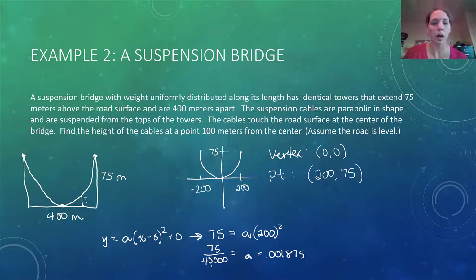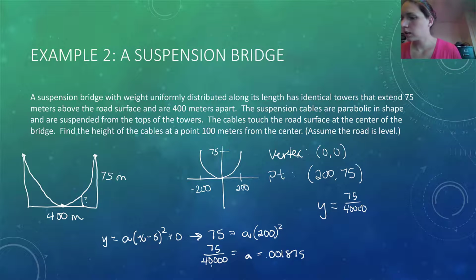Okay, so now we want to know at a point 100 meters from center. Well, the way we set this up, with the vertex in the middle at 0, 0, we just need to put in 100 for x. So y equals 75 over 40,000, 3 over 1,600 if you're reducing, times 100 squared.